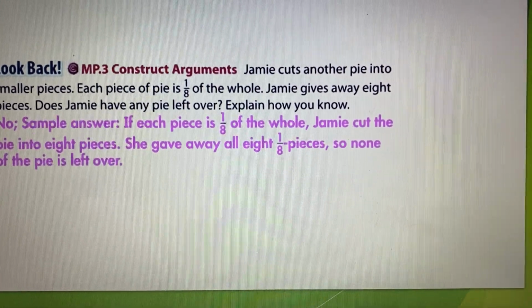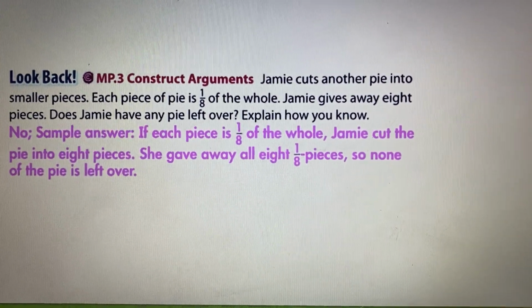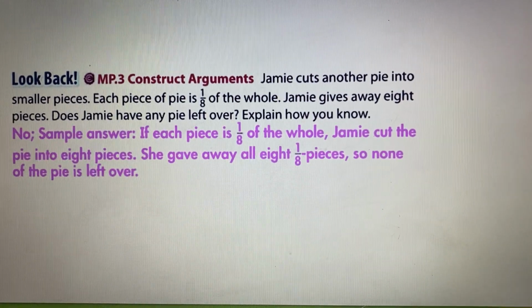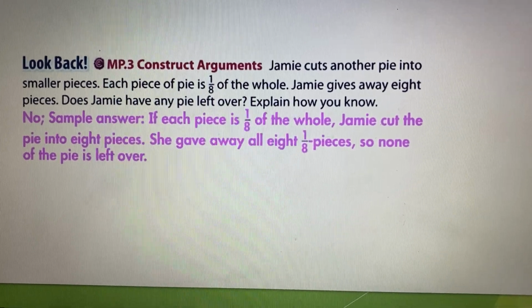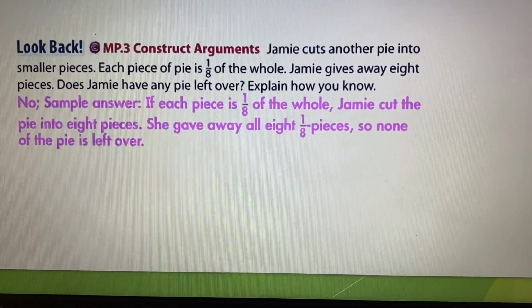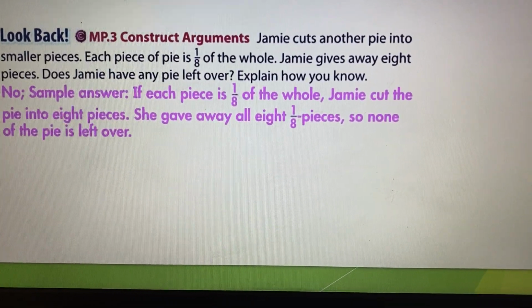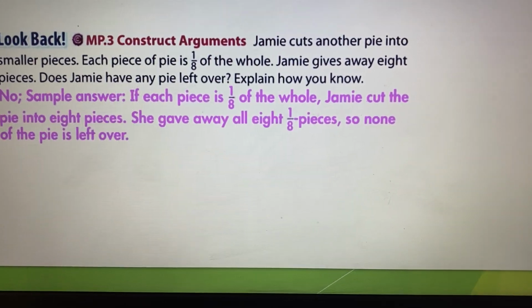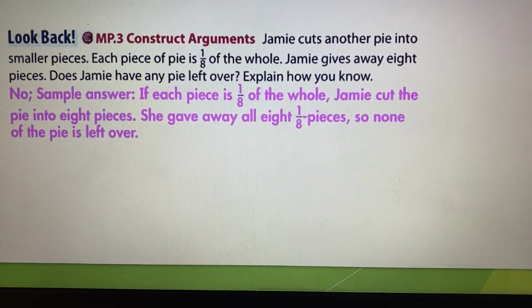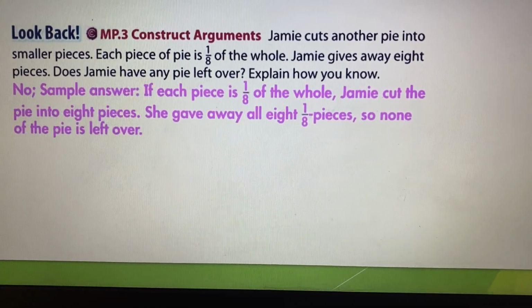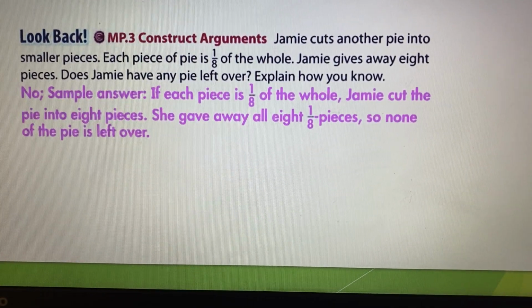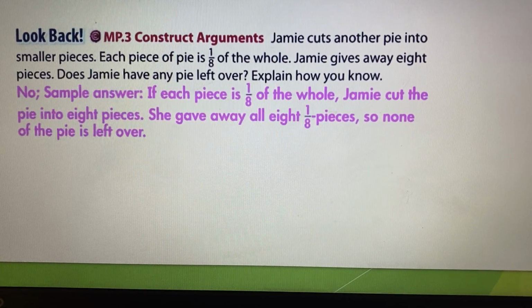She divided the pie into 8 equal parts. And she also gives away the 8 parts. It is already 8 and she gave 8. So do you think she gave a whole? Who said yes? Correct. She gave a whole. She gave the whole pie.